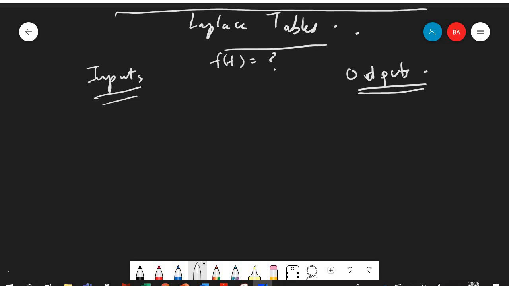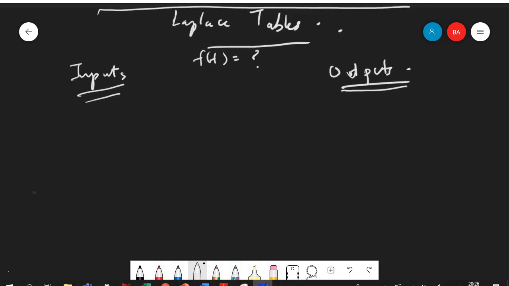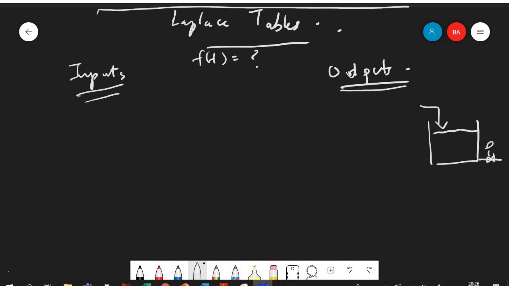So talking about different functions, if I draw my system here, a tank, and you will see that we concentrate on a tank because it's good for analysis and very easy to understand. So this is the tank that we have here, and we're trying to control the height in the tank. How do you control the height?